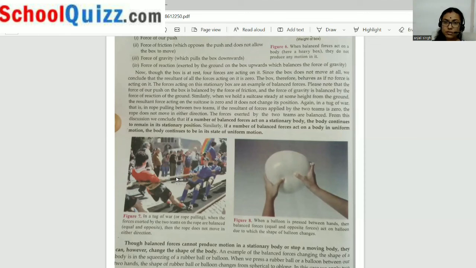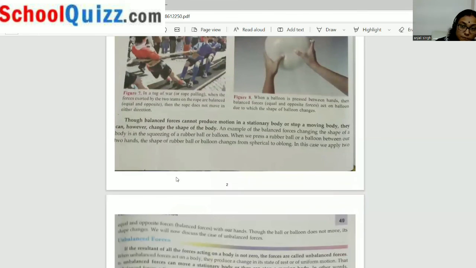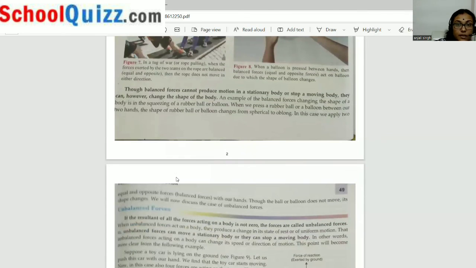Here the shape of the balloon changes, because balanced force is acting between the two hands. Equal force is applied by each hand. I think you are clear about balanced force. Pressing a rubber ball or a balloon are examples of balanced force.